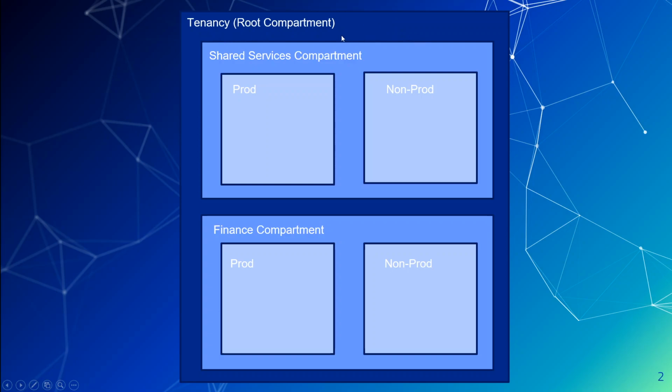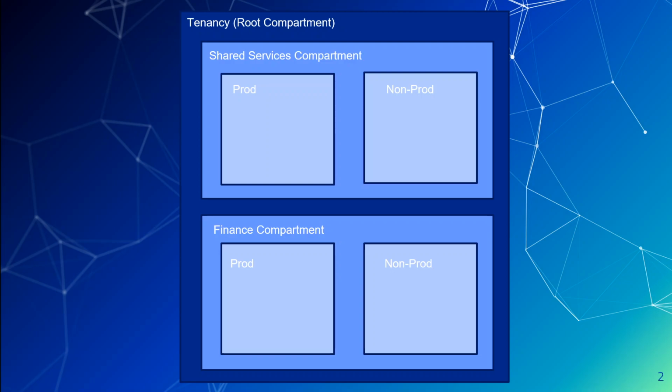In this diagram, you can see that I have a tenancy root compartment at the very top level, and then I have defined two more compartments within. So whenever you are implementing Oracle Cloud in your organization, keep it simple. Divide all of your organization's departments into compartments, and then simply divide the workloads into prod and non-prod.